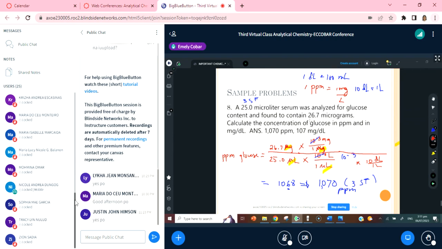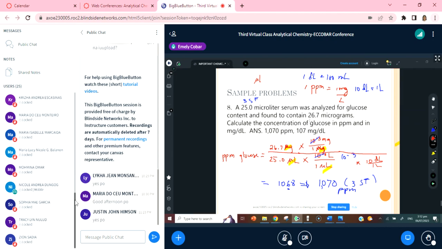Okay, this one. A 25 microliter serum. You know serum, right? A blood component. Microliter. 25.0 microliter serum was analyzed for glucose content, and found to contain 26.7 micrograms.